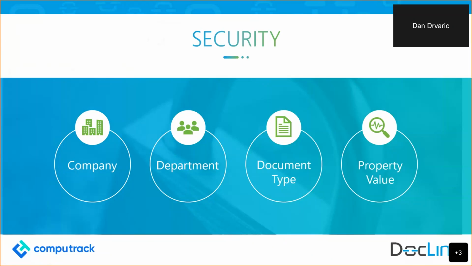So we could set security on a company-by-company basis. We could do it at the departmental level. We can do it by document type or a property value. We can do it by roles. There's any number of ways in which we can set up the security so that only the people who should be able to view a document can view a document.